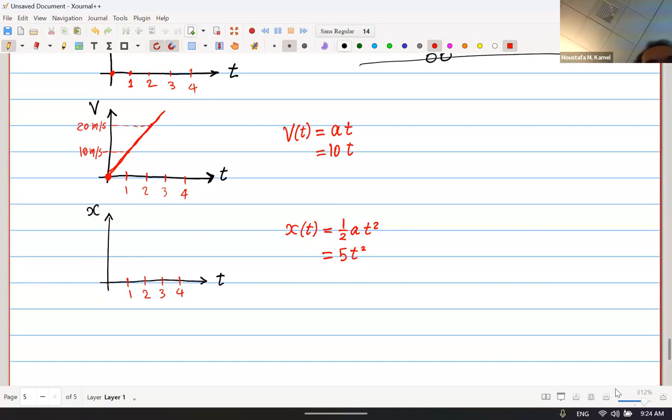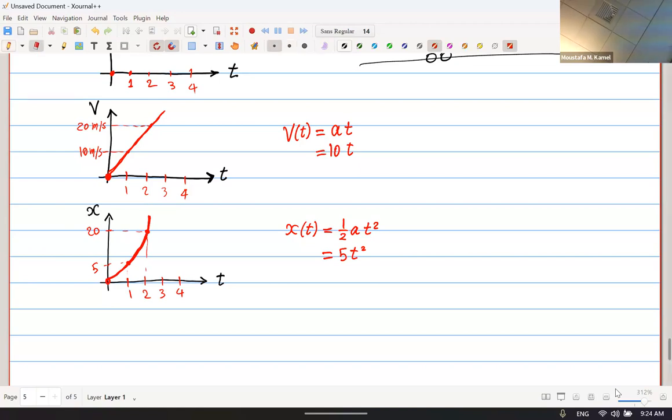At t equals 0, position is 0. At t equals 1, this is 5. At t equals 2, 2 squared is 4, and then this is 20. And when you connect the dots, you get a parabola. So it's curved like that.